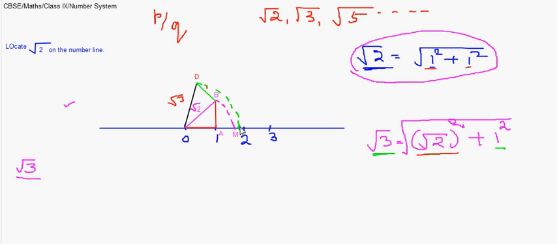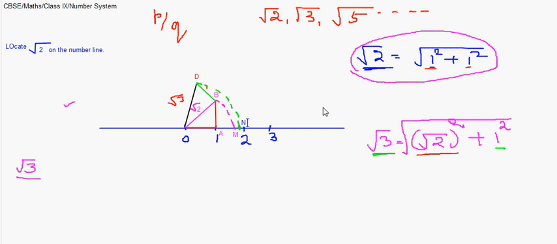Maybe this point beside M, which I might name as N. So ON is now root 3. So any question which we get has to be first made up how that is arrived at, because every time we are applying a Pythagoras theorem to get that irrational number on the number line.